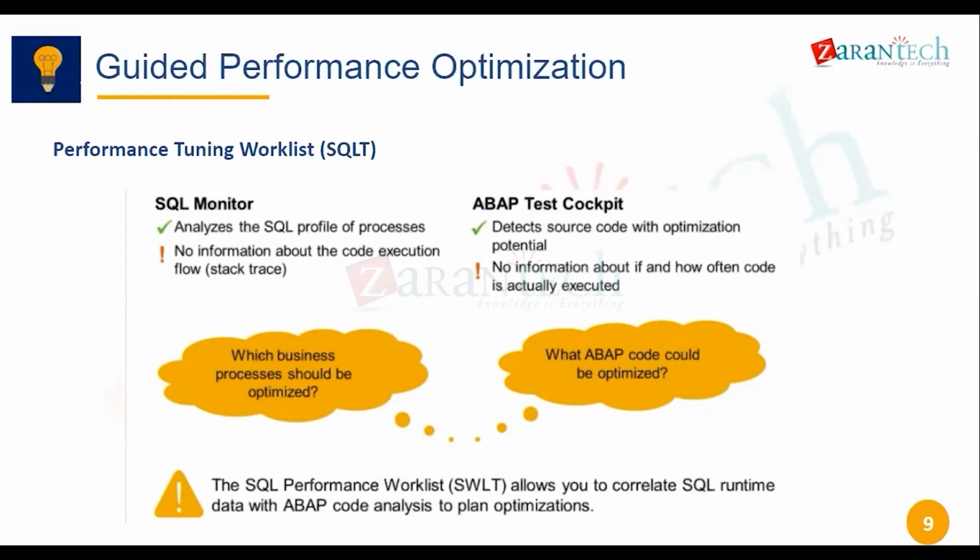So the SWLT allows us to correlate the SQL runtime data with the ABAP code analysis and to plan for the final optimization. We combine these two inside this SWLT to prepare a plan for the optimization.